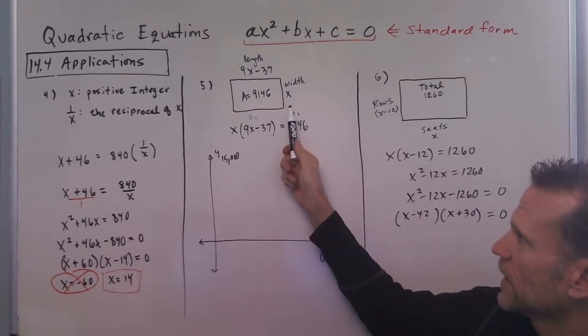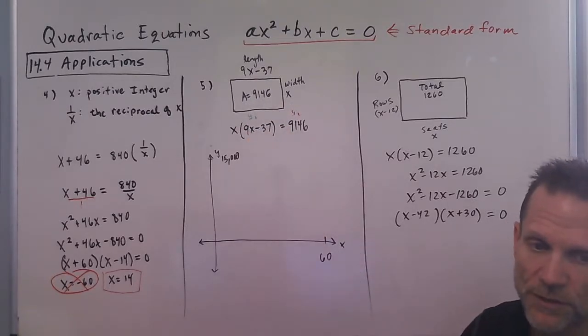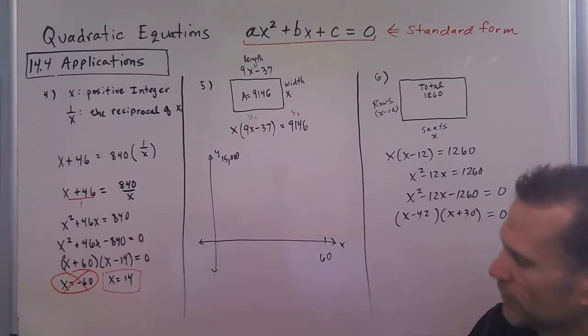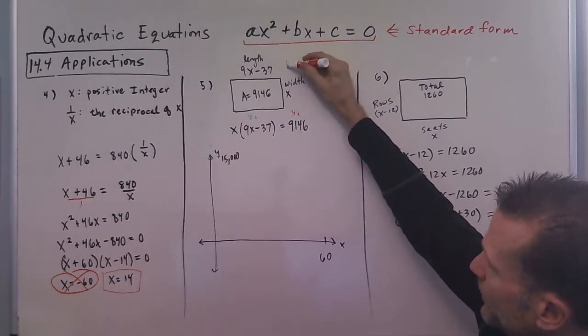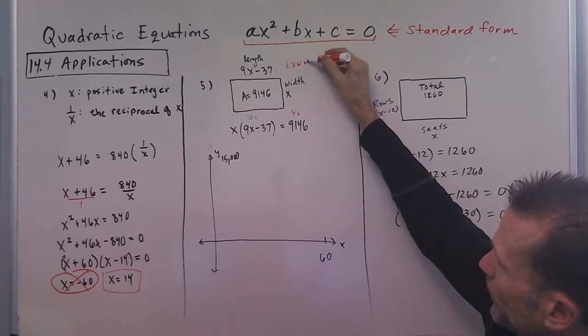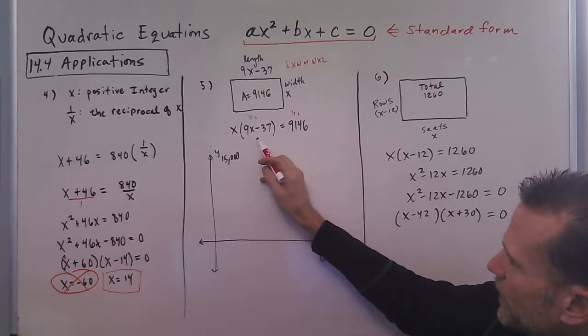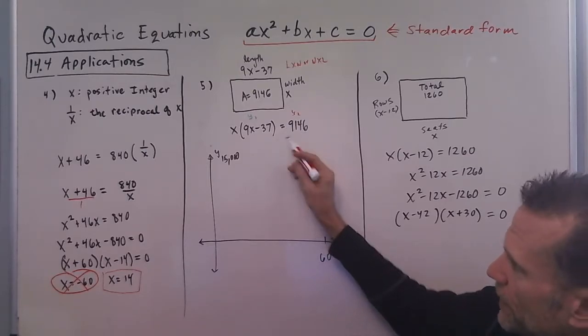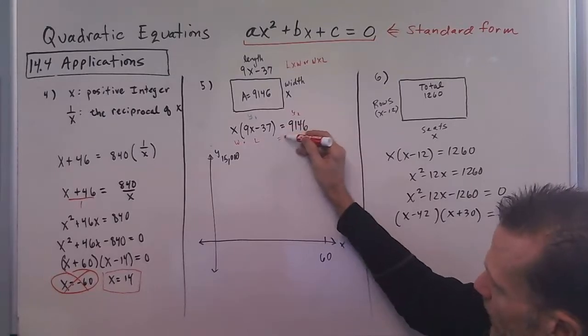I have the width is x, and then it tells us the area is 9,146. So remember, for area of a rectangle, we take the length times the width, or the width times the length. And what we have here is the width times the length is equal to the area.